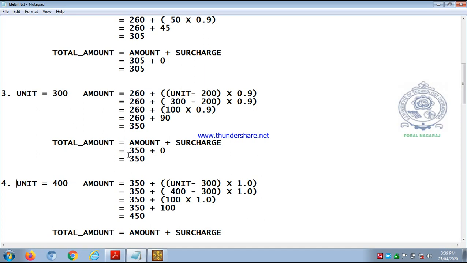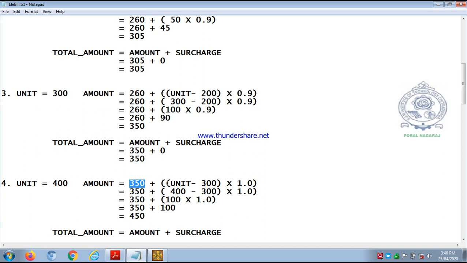Up to 300 it is 350 rupees, so the amount is 350 plus the rest, unit minus 300. Unit is 400, so 400 minus 300 is 100, into 1 rupee, levied above 300 units. For 300 we have already computed 350, and for the rest of the units we have to compute. That is why unit minus 300 is taken.